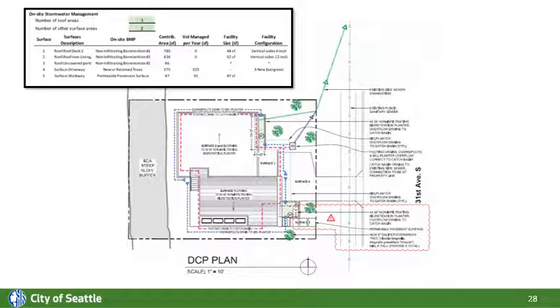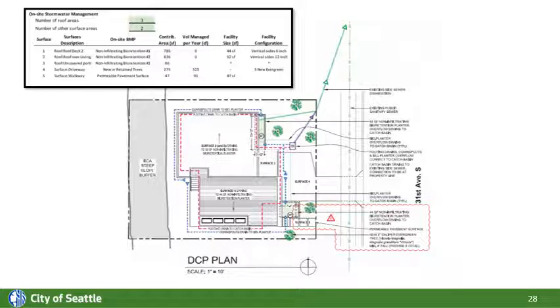So all of the BMPs are shown. We are also seeing that there's permeable pavement surface. Those are being clearly labeled and identified in the on-site stormwater management sheet. And also the new and replaced trees are being shown.